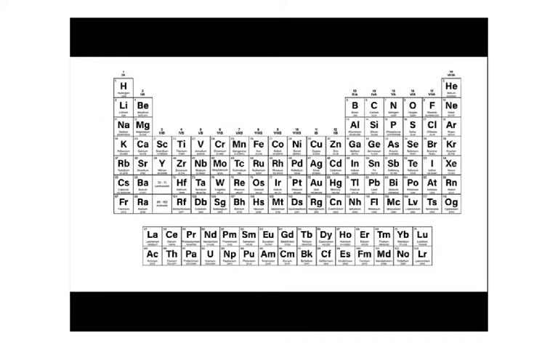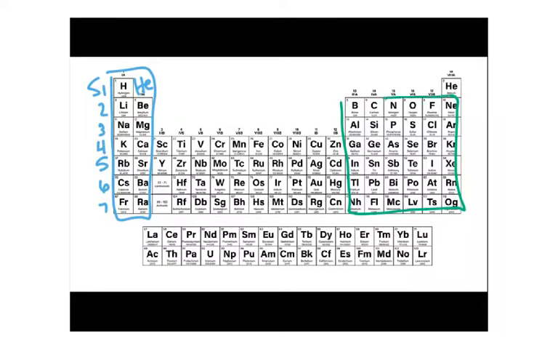So just as a review, this is our S block. Oops, I didn't mean to write S there. I meant to write He. So this is our S block, and the numbers for electron configurations go like this. This is our P block.